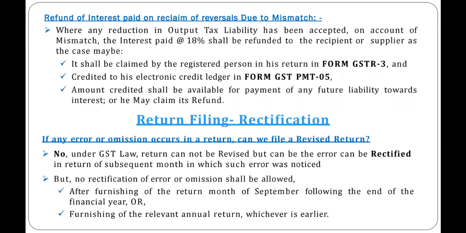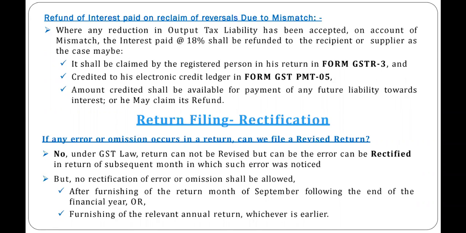No, under GST law, a return cannot be revised, but the error can be rectified in the return of the subsequent month in which such error was noticed. So the entire thing cannot be rectified. You cannot revise the entire return GST form, but whatever mistakes you have made, whether an error of commission or an error of omission, in the subsequent month, meaning in the coming month, you can add all those things, right?